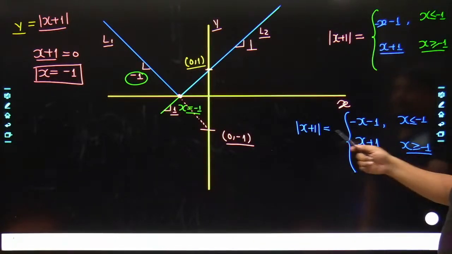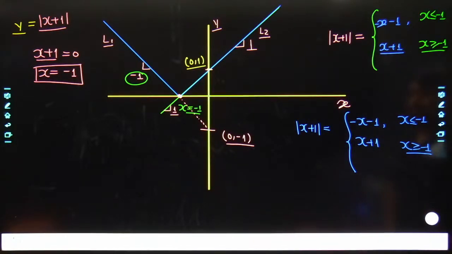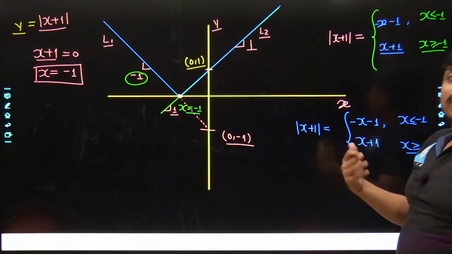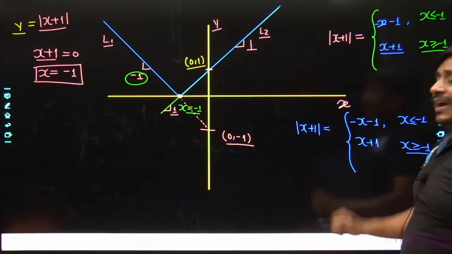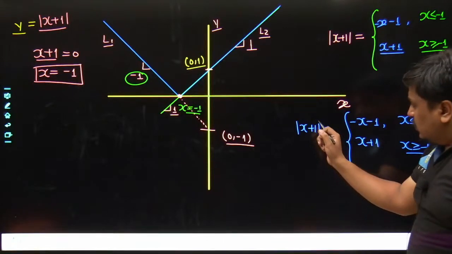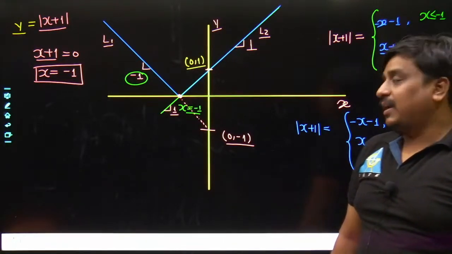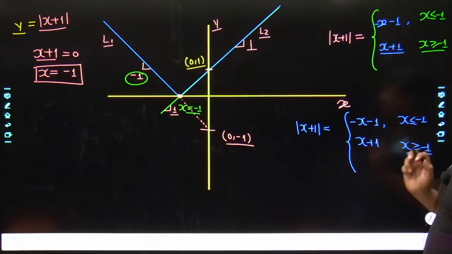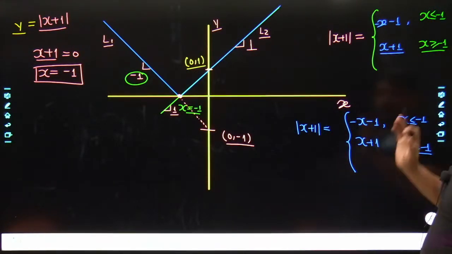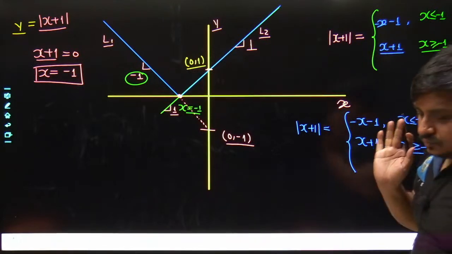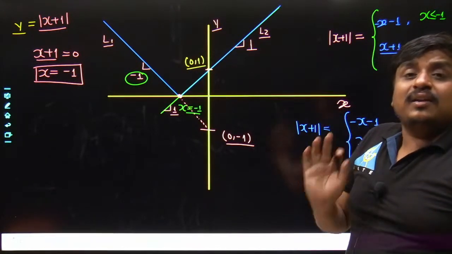Yes, when we were taking the modulus of x plus 1, at the very beginning we were talking about its critical point. What I did was compare x plus 1 with 0. The value of x which came into my hand is simply minus 1. So minus 1 was the critical point. Now at the critical point, the equation of the straight line is going to change.